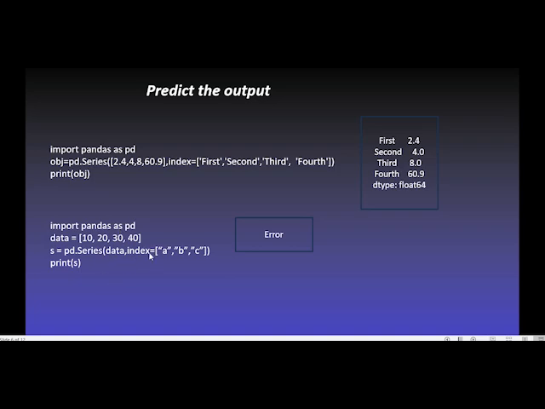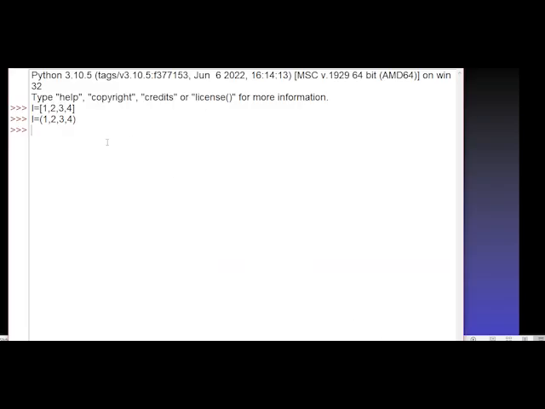Now instead of writing index equal to, we can simply write A, B, C as a list. Inside the series we can pass the list 10, 20, 30, 40, see like this. First we need to import, right? Import pandas as pd. Then s equal pd.Series. The function used to create a series is Series.